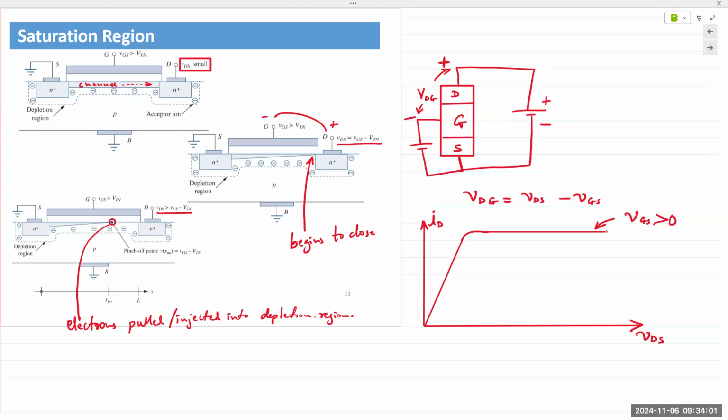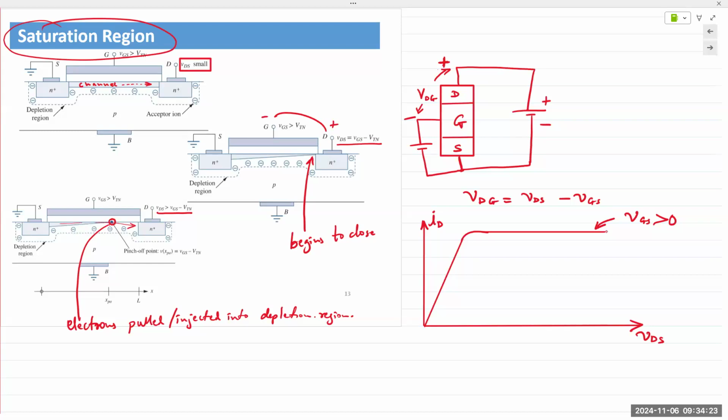So current still keeps on flowing, but now it does not have a linear relationship. It saturates at a level, and hence the region of operation, saturation region. So even though the channel is pinched off, electrons are still flowing through there.